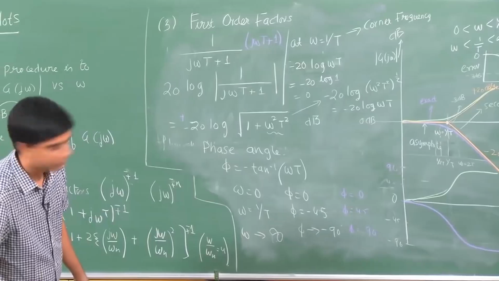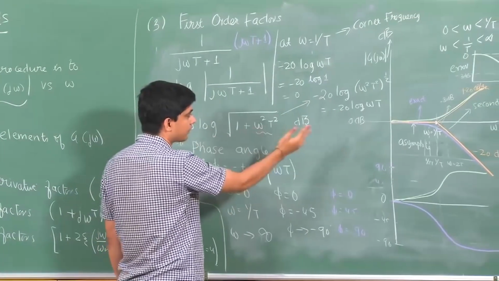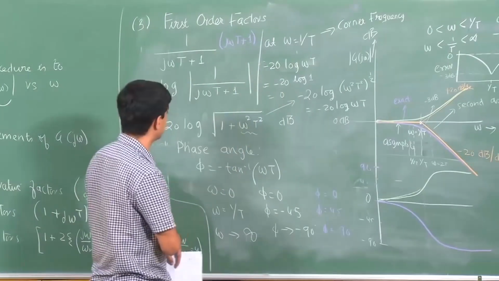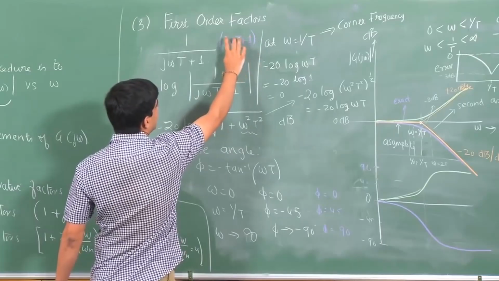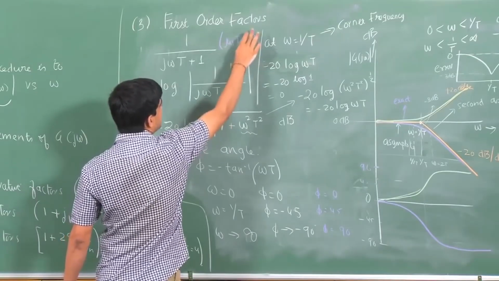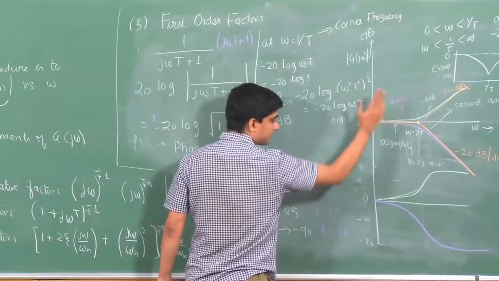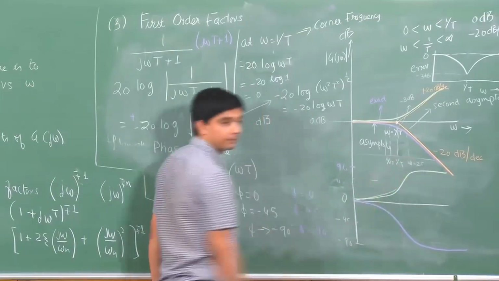All these pluses would go to minuses and minuses to plus, and the way you compute for low frequencies is still exactly the same. For higher frequencies, the approximation would still be the same. For low frequencies, I can just get rid of this term. For higher frequencies, I can just get rid of this term, and it will just be like a mirror image. Similarly, even for this one, it goes down.